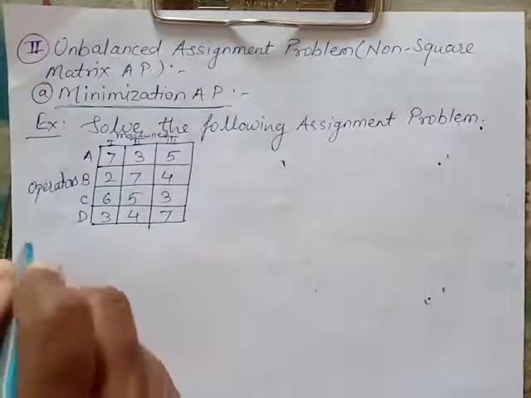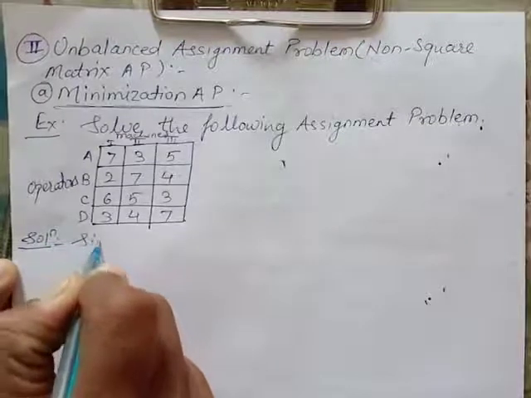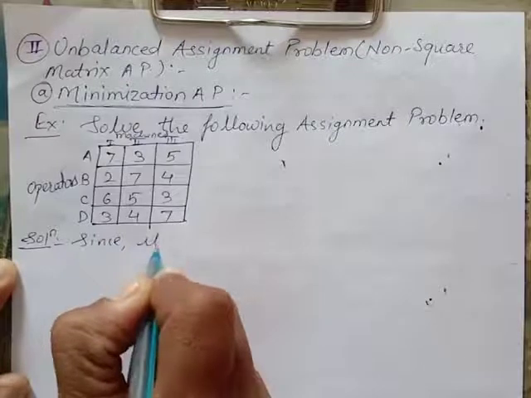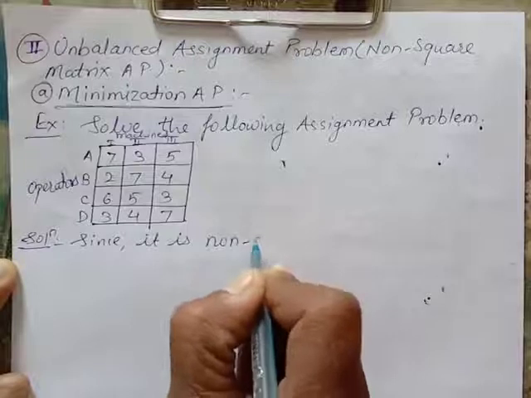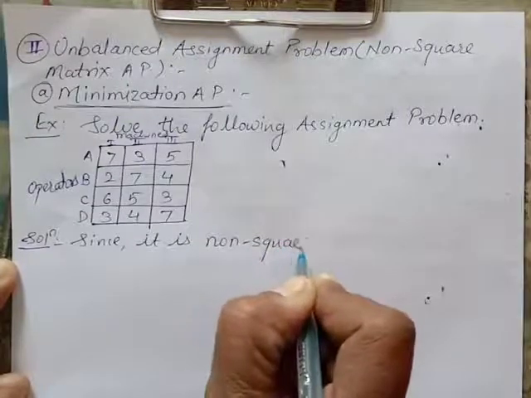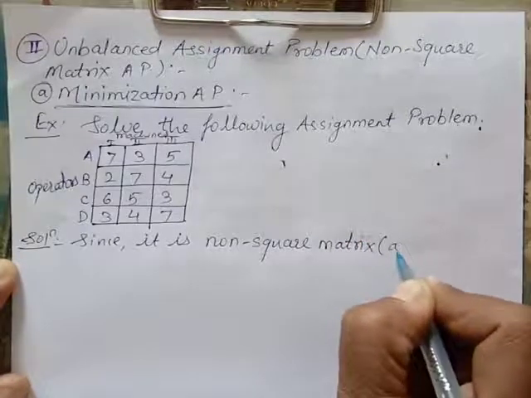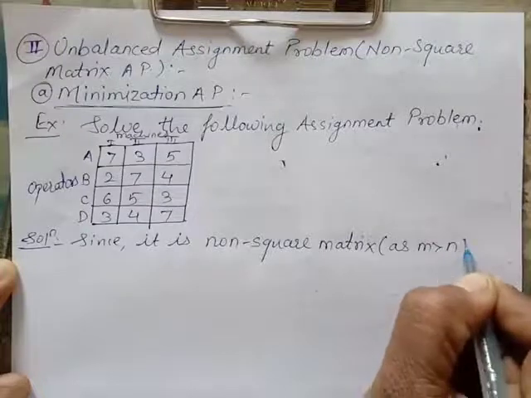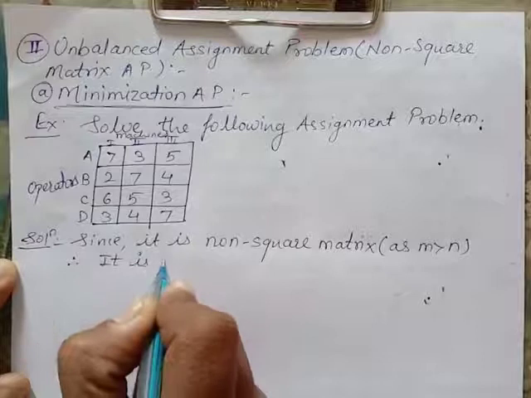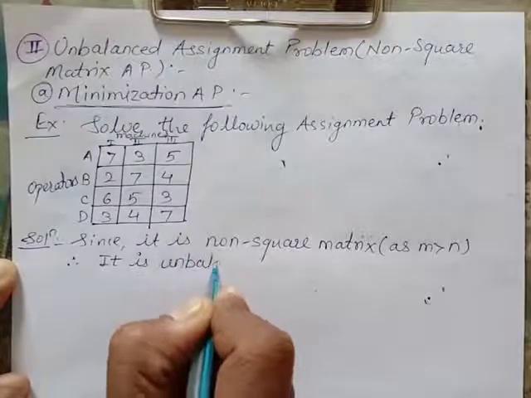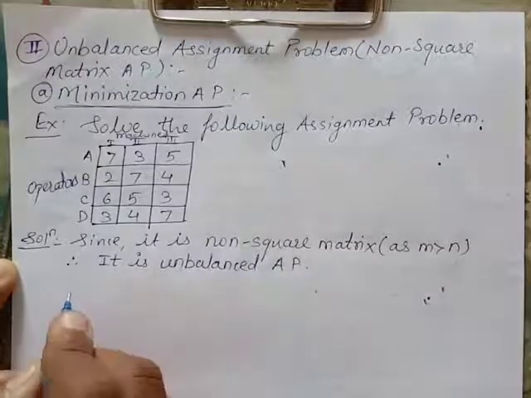So here the solution: since it is a non-square matrix as m greater than n, therefore it is an unbalanced assignment problem.